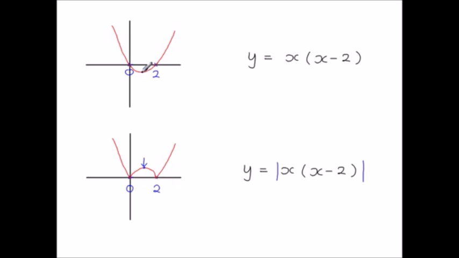And that vertex is in between these two roots, 0 and 2. So when x is equal to 1, if you put 1 into here, you get y is equal to minus 1. So the y-coordinate here is minus 1, which means the y-coordinate after reflecting in the x-axis will be plus 1. So the coordinates for this point are 1, 1.